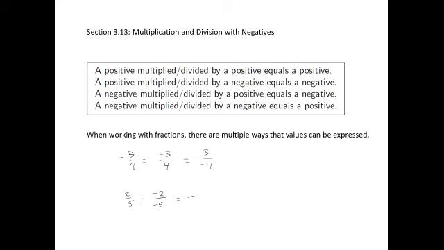It's also negative 2 over negative 5, and it's also negative 2 over 5. The leading expressions, the negative 3/4 and the 2/5, are the preferred way of writing answers. So if you have one of these other forms, take the time to write it in the preferred form.